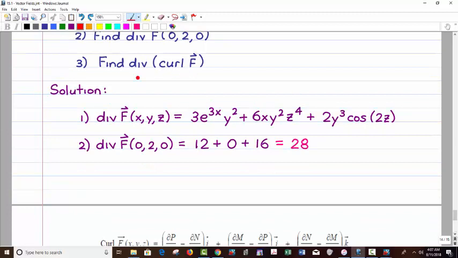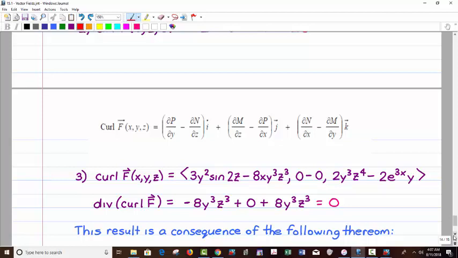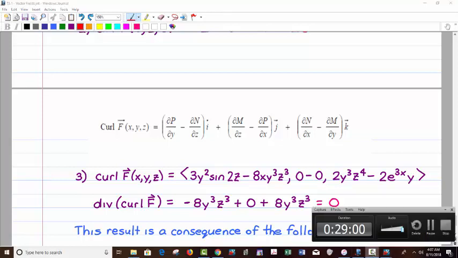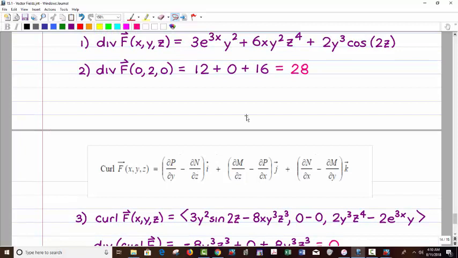Now I guess I'll do the div of the curl. We'll have to walk through the curl. So let's find the curl, which we can do as py minus nz.